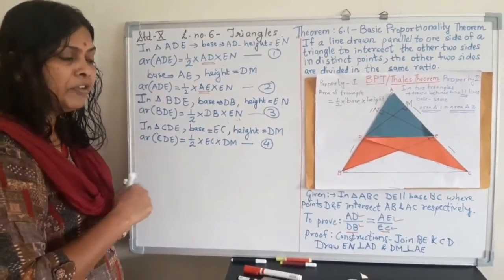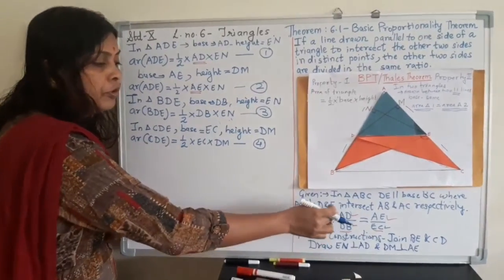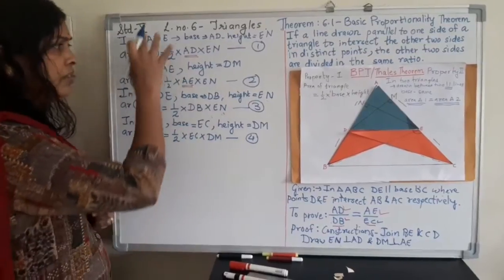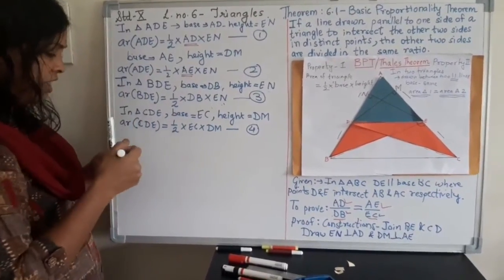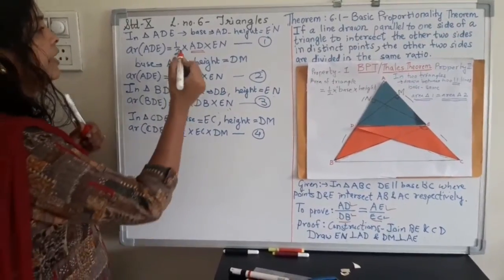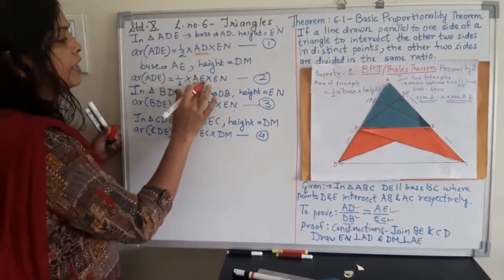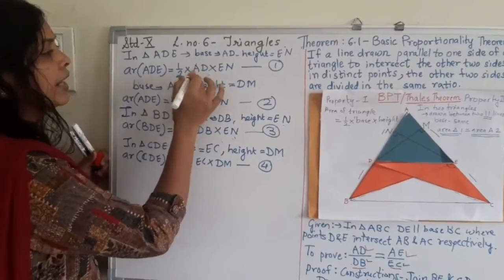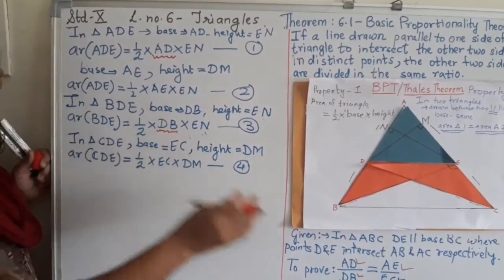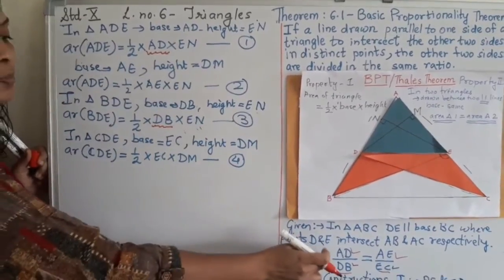Now what we have to prove is AD upon DB. So in these 4 equations, where do we get AD and DB? AD we get in the first equation, and in the second and third equation we have DB. And in what way are they related in this proof?